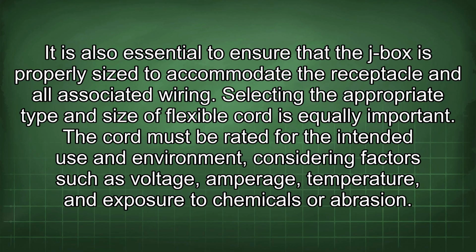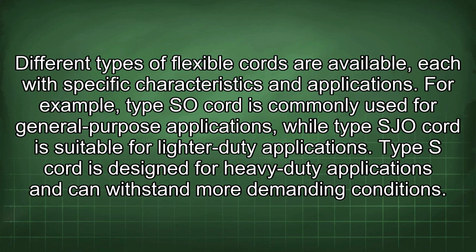The cord must be rated for the intended use and environment, considering factors such as voltage, amperage, temperature, and exposure to chemicals or abrasion. Different types of flexible cords are available, each with specific characteristics and applications. For example, Type SO cord is commonly used for general-purpose applications, while Type SJO cord is suitable for lighter-duty applications.